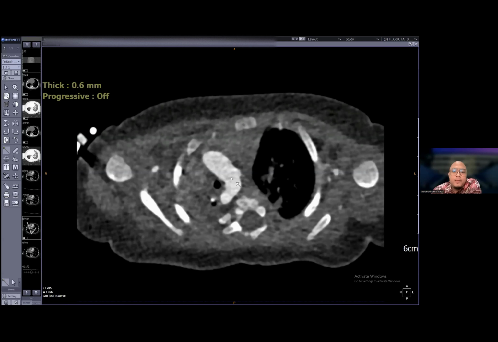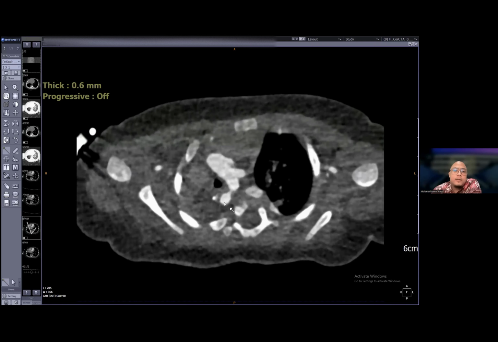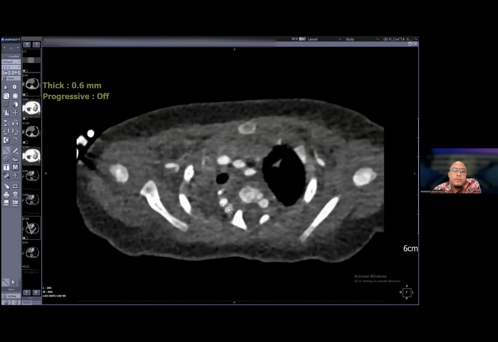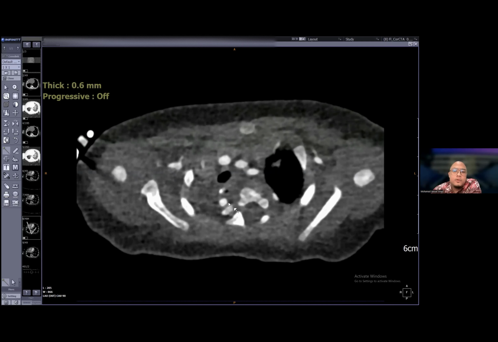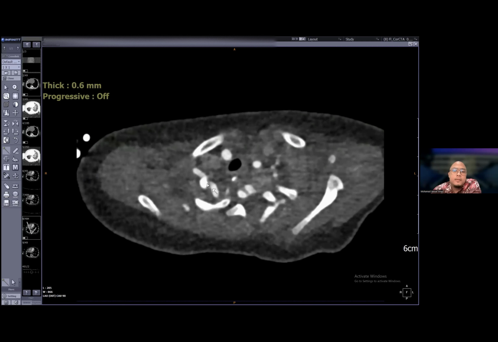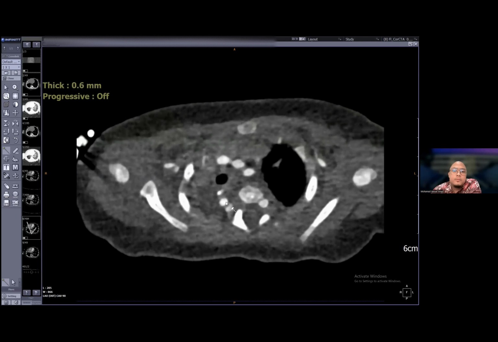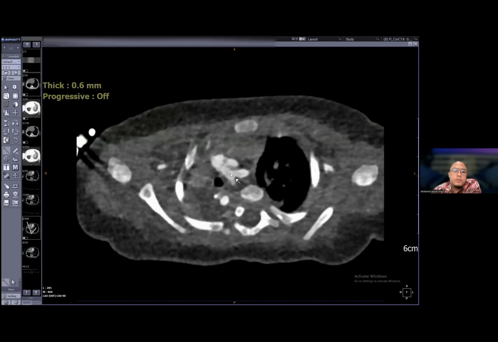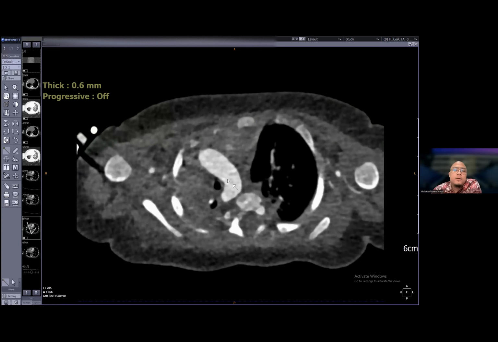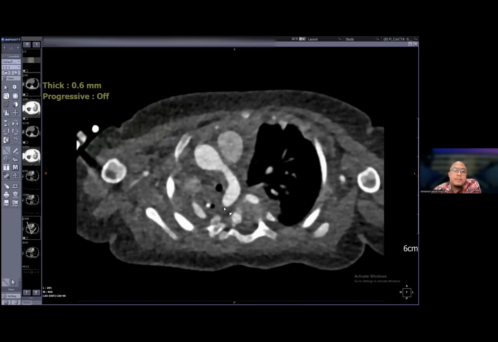First, here we can see this is the left-sided aortic arch, and here this is the subclavian artery. So it's like an aberrant subclavian of the right. So there is a right aberrant subclavian, and also when we scroll down, this is the left aortic arch with a right descending aorta.